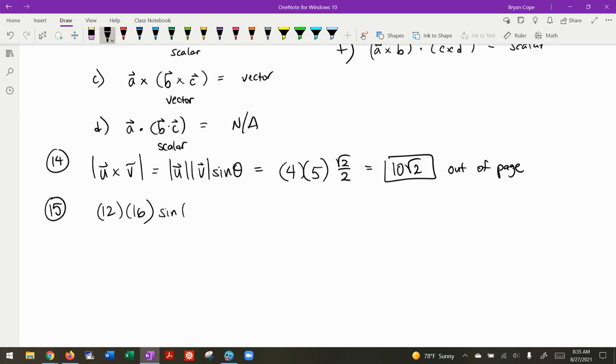So we're going to take the sine of 60, which is root 3 over 2. 12 times 16 is, let's use a calculator, 192. So this is 96 root 3. That's the magnitude. And if you take U cross V, this is going to be into the page.